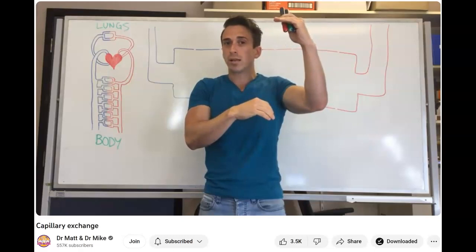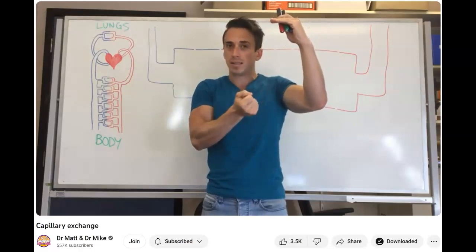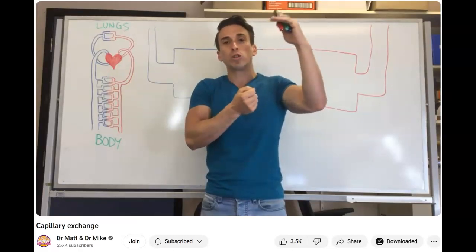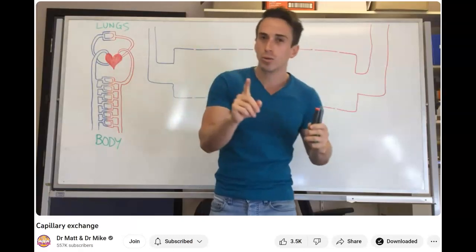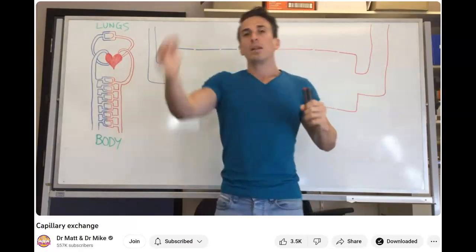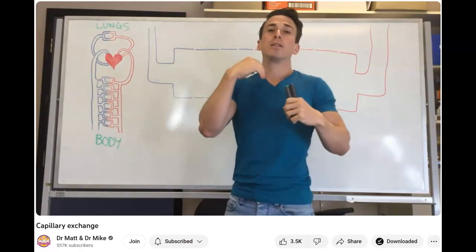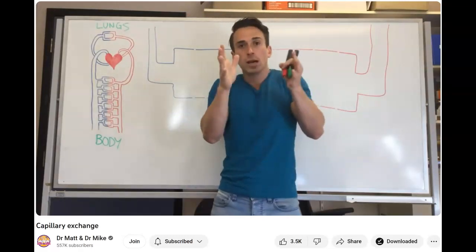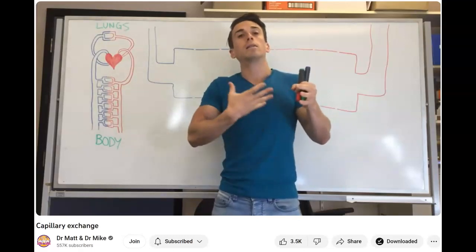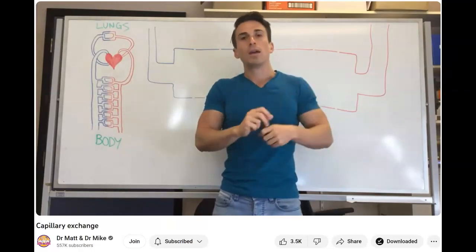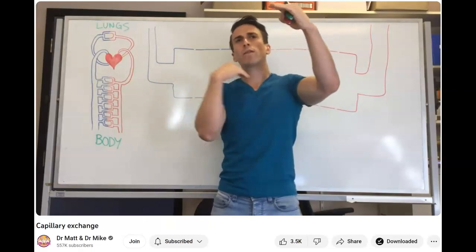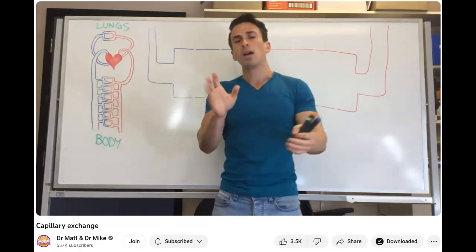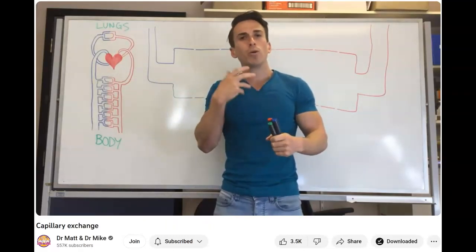So 120 is telling you that when the heart contracts under systole, this is the pressure that the blood exerts on the walls of your arteries, 120 millimeters of mercury. The bottom value, 80, is the diastolic value, and this is the amount of pressure within those arteries when the heart is relaxing. Okay?